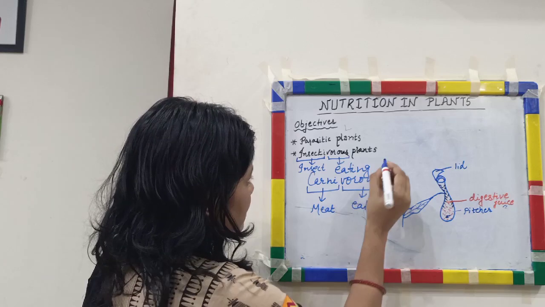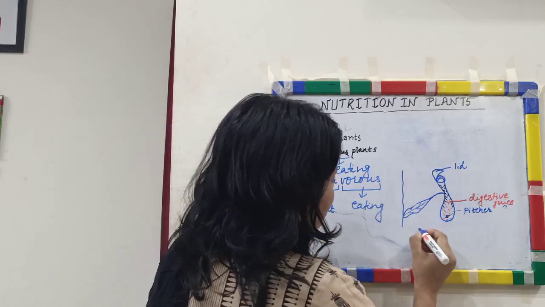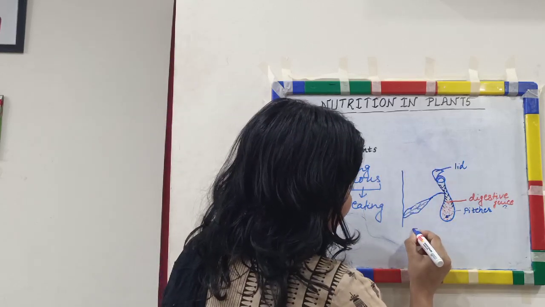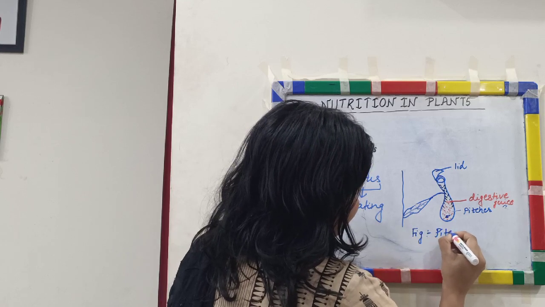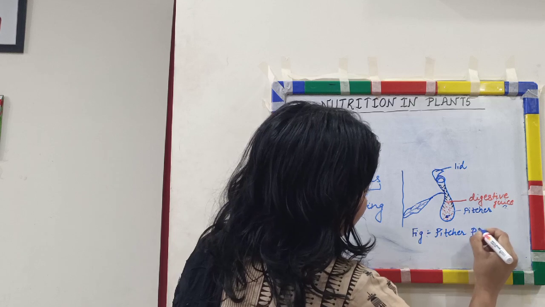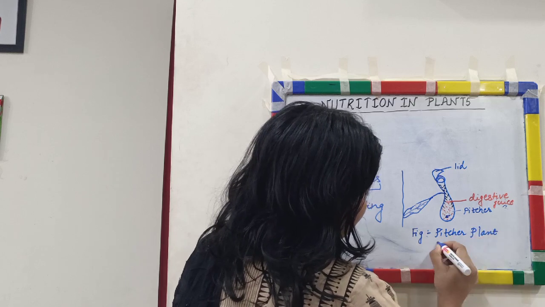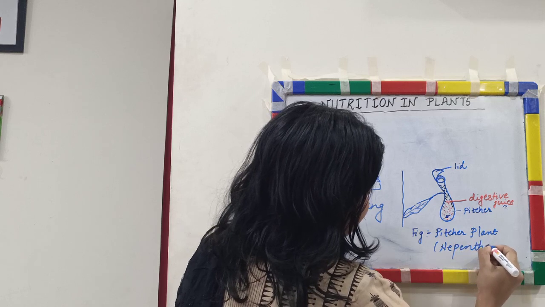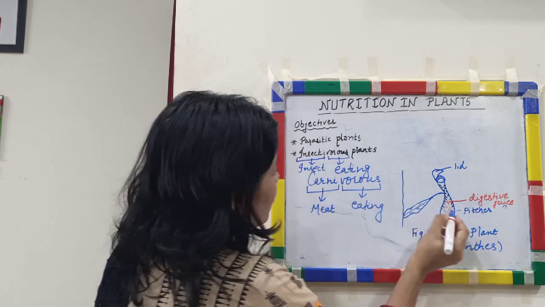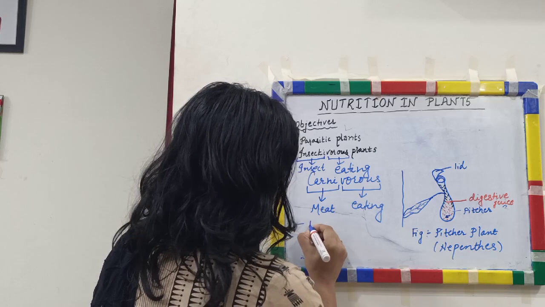What is the example of an insectivorous plant? It is the pitcher plant, Nepenthes. What is this pitcher?